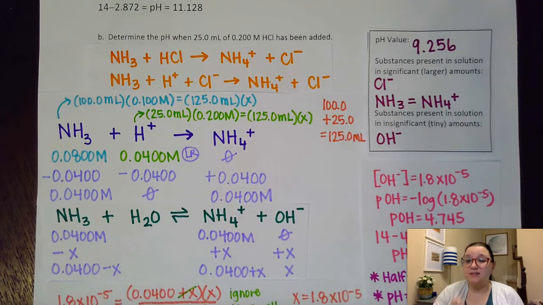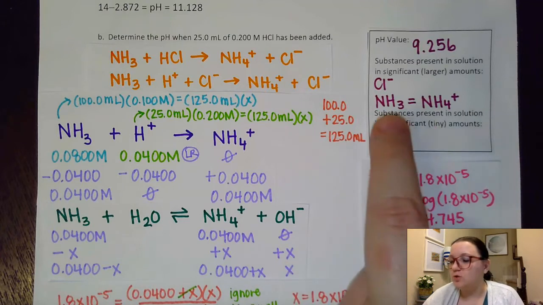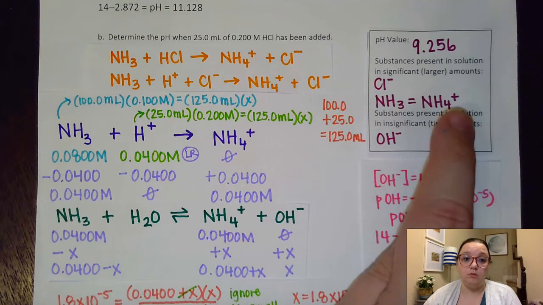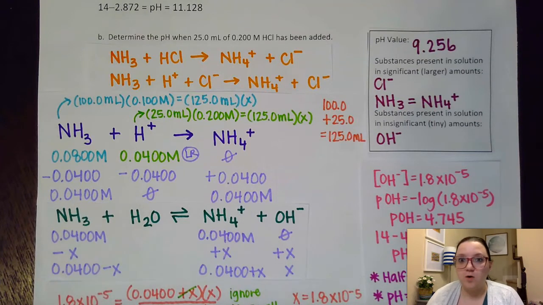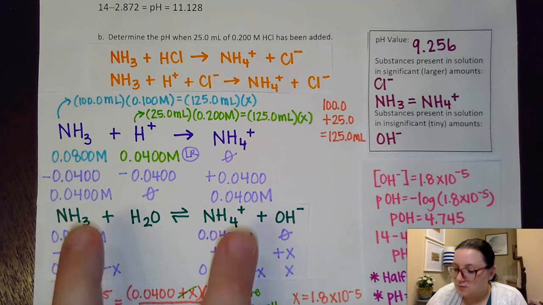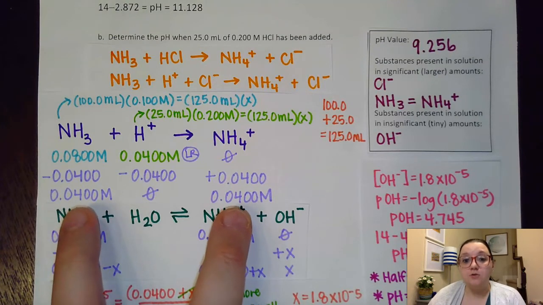And because I'm at the half equivalence point, those two amounts were equal. That was how I knew I was at the half equivalence point even before I figured out that the Kb equaled X. I saw that the NH3 and the NH4 plus were in equal concentrations.